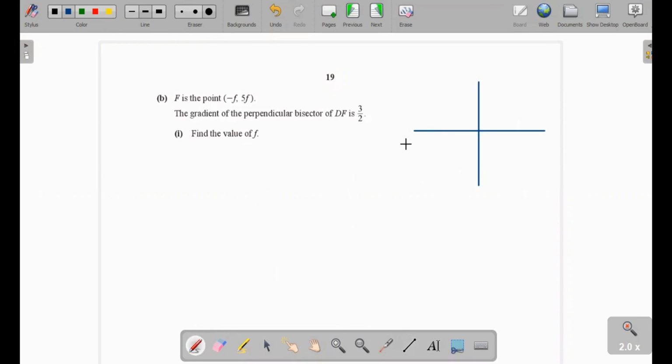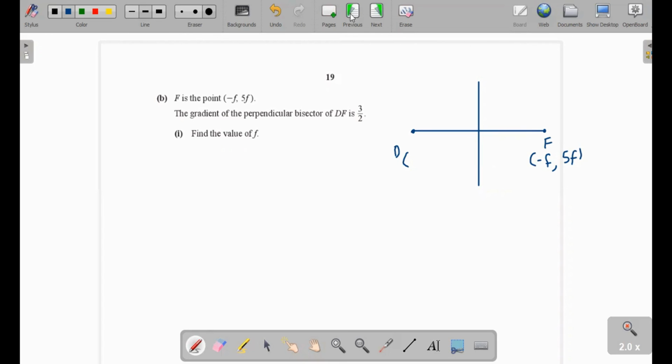Now B is the point minus F, 5F, and D is already given as 4, 6.